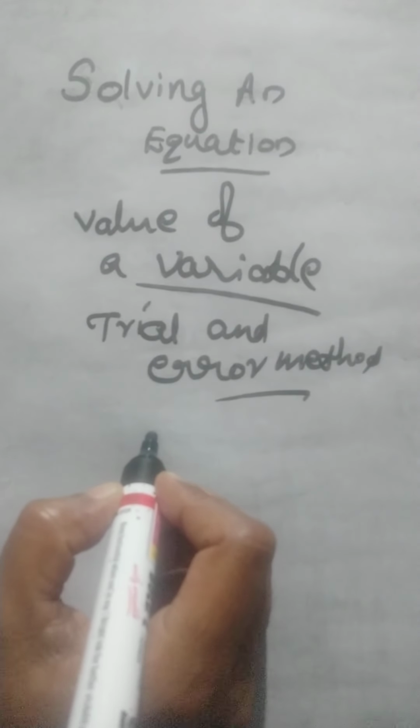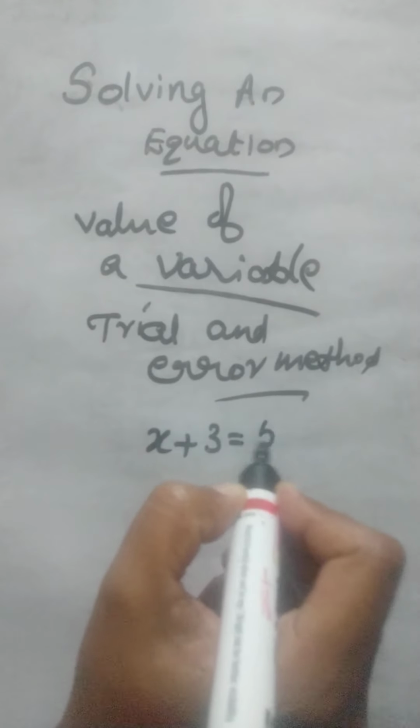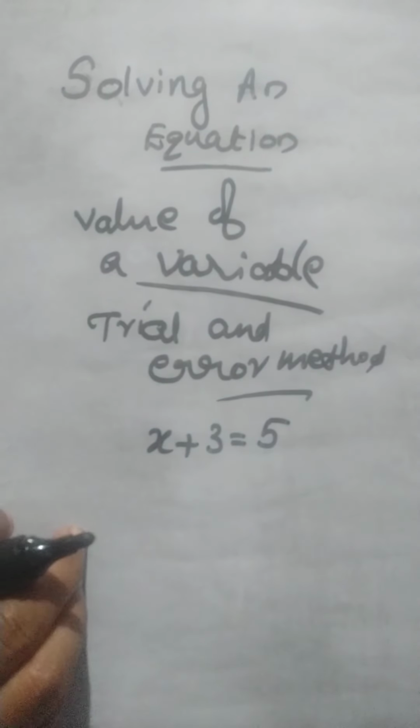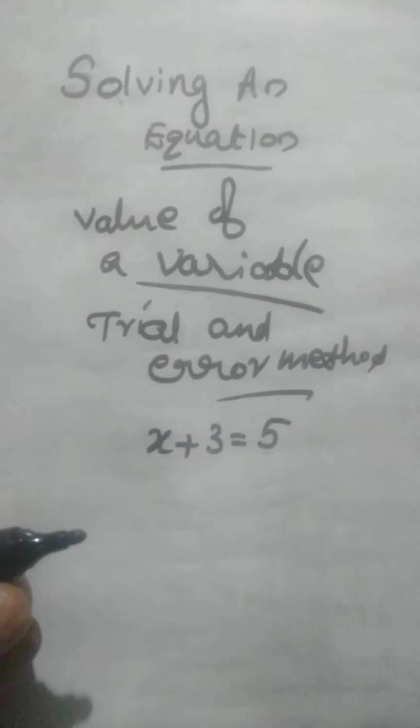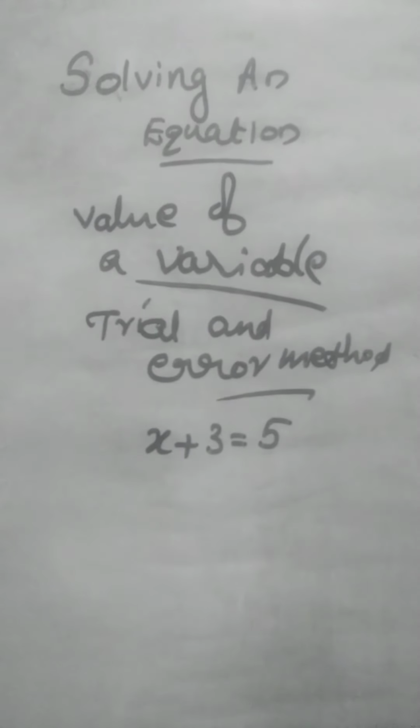Take x plus 3 is equal to 5. How can we find the value of x? If we get the value of x, we can say that we have solved this equation.